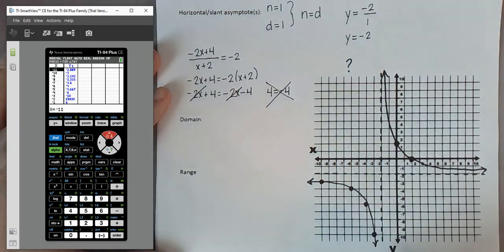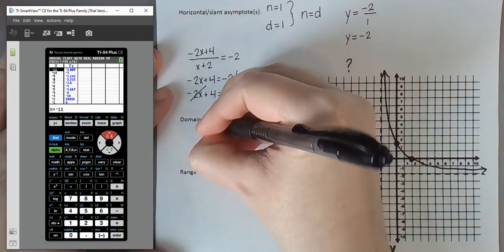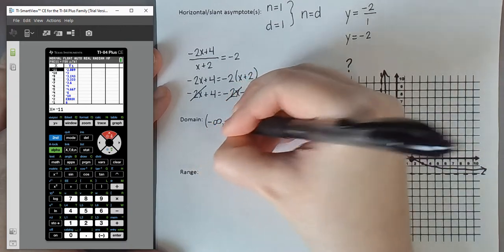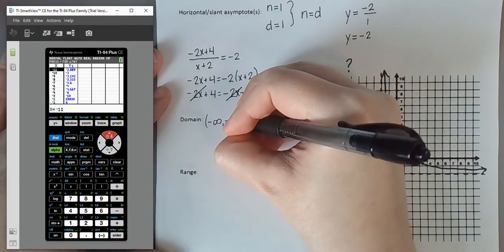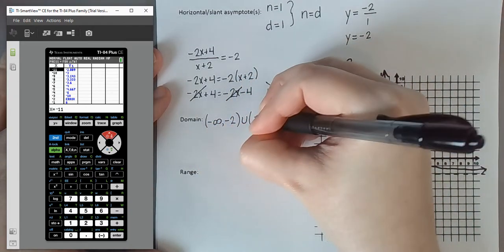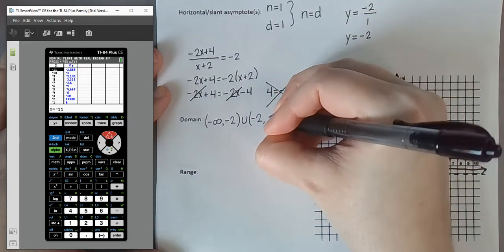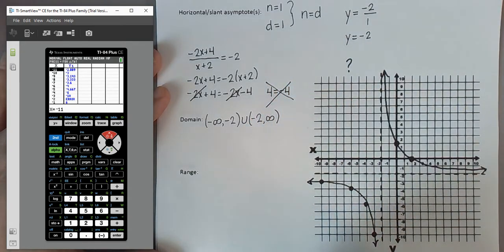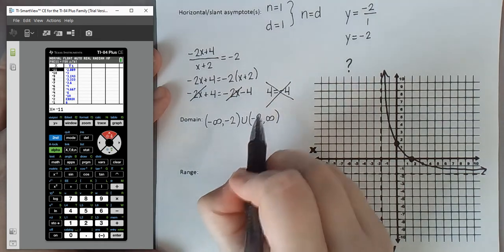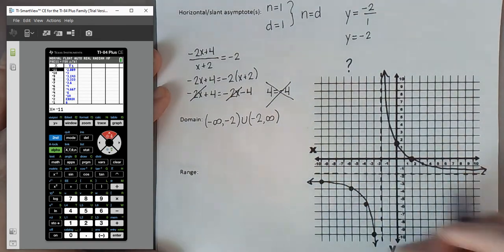So there at that vertical asymptote, that's where we have a break. So our domain is -infinity to -2, union -2 to positive infinity. And again, that break is a break in the x values, and that occurs where we have our vertical asymptote.